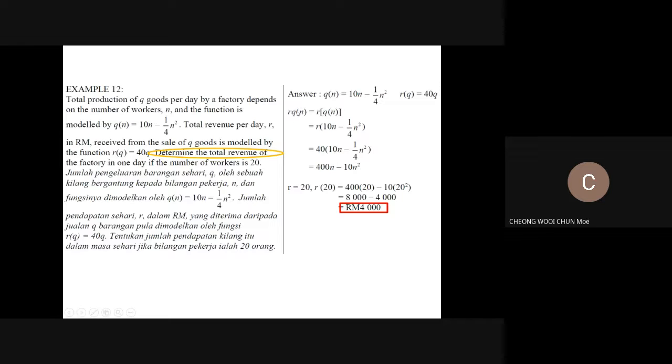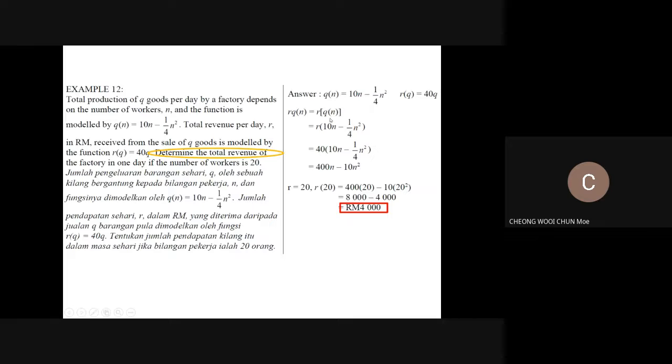Why do I put Q(n) inside? Because they say the number of workers is 20. So the Q inside here, you can only get from the worker n equal to 20. So this Q(n) must go inside here because the Q is here. So it's R(Q(n)), this becomes a composite function.